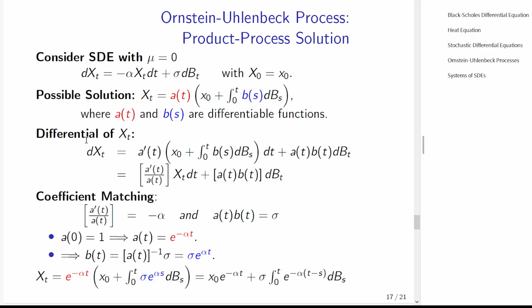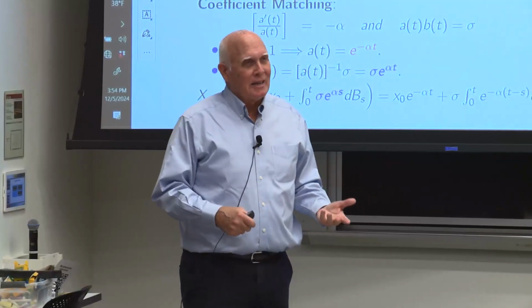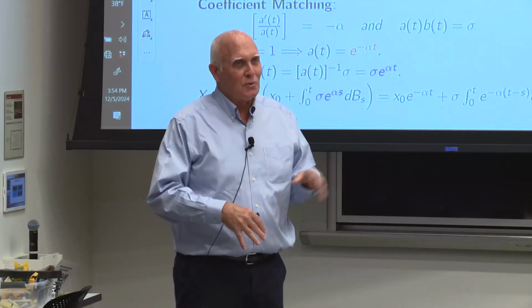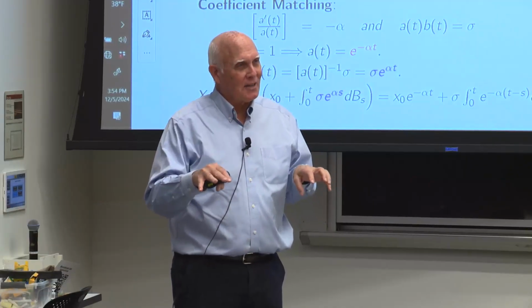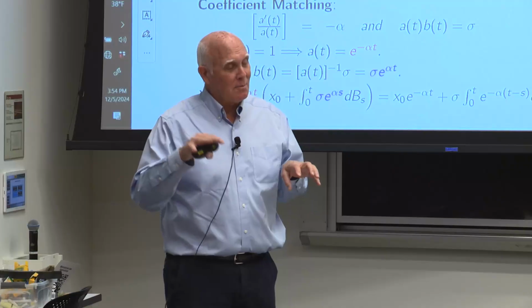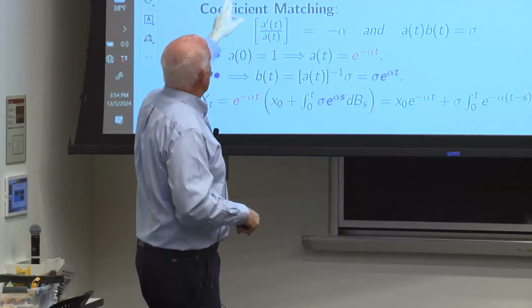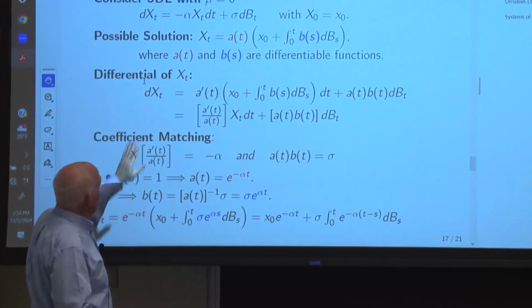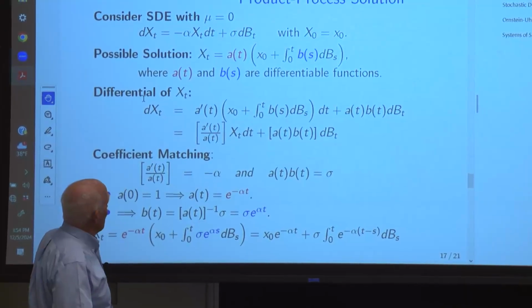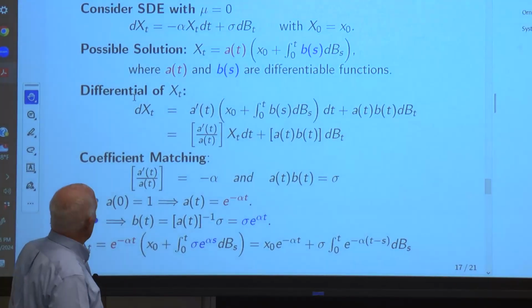a solution which is a product process. Now, you may recall with some differential equation problems where you want to solve a differential equation with two variables, maybe the solution is a product of a function of one variable times a function of the other variable. So in this case, we can think of a possible solution being given by an a of t function times the integral of the Brownian motion process with respect to a little b of s differentiable function.